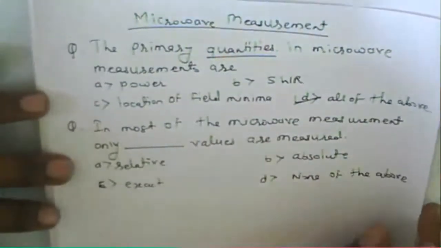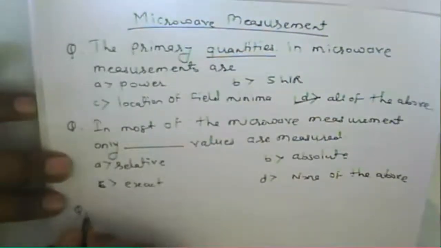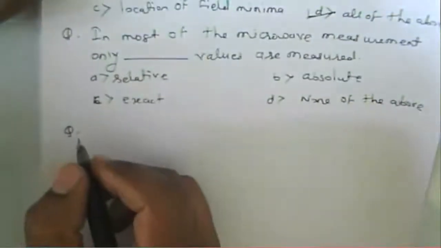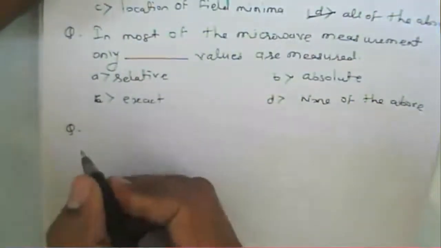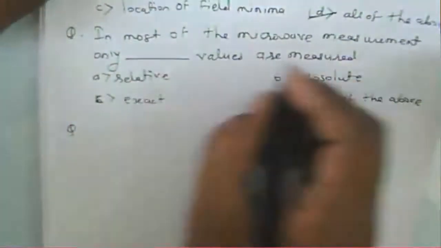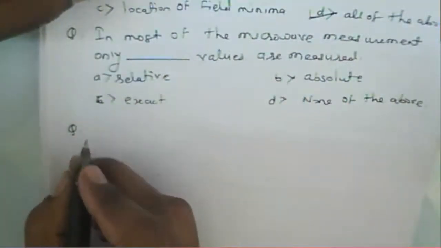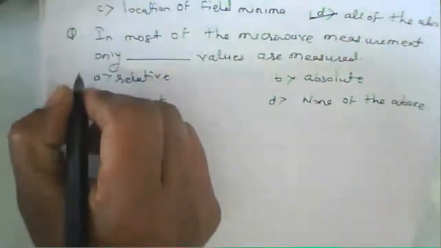Now type your answer. In most of the micro measurement, only dash dash values are measured. Type your answer for question number two.